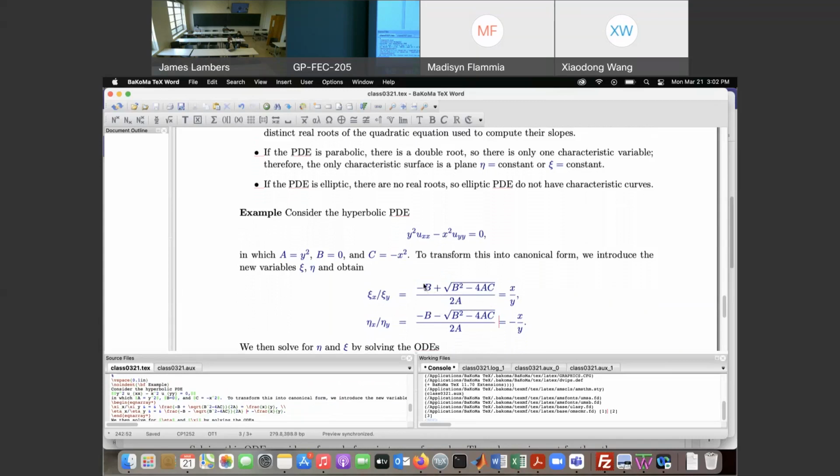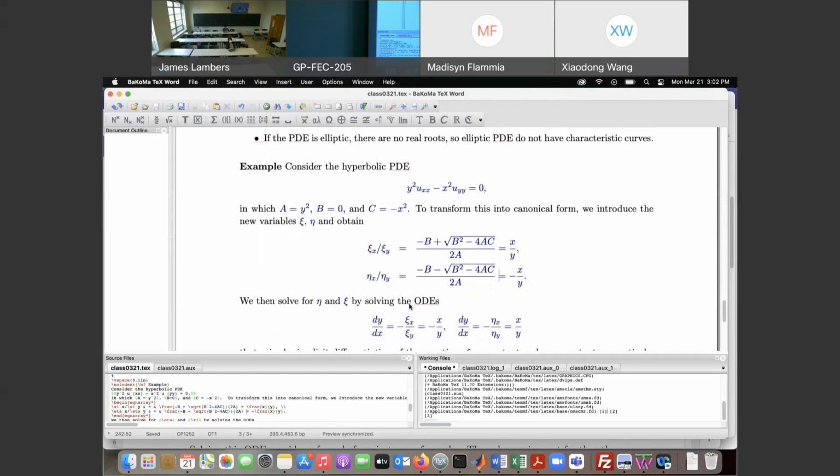And so here I fill in A, B, and C in here and simplify as much as I can, and I get x over y and minus x over y. Now at this point, I still don't know what the change of variables xi and eta will be, but I'm starting down the path of figuring them out. And these equations are my starting point.